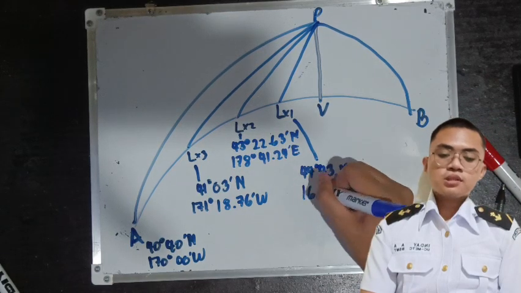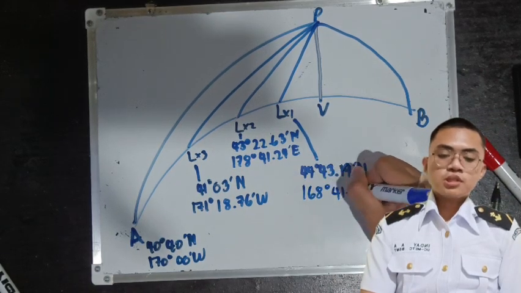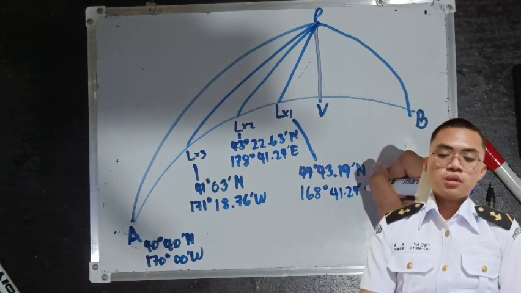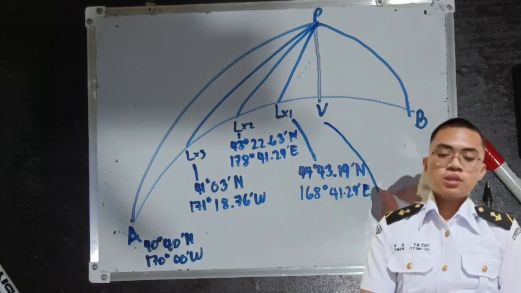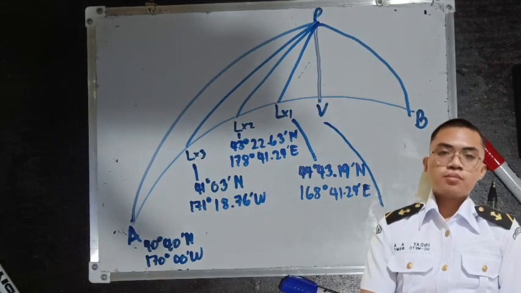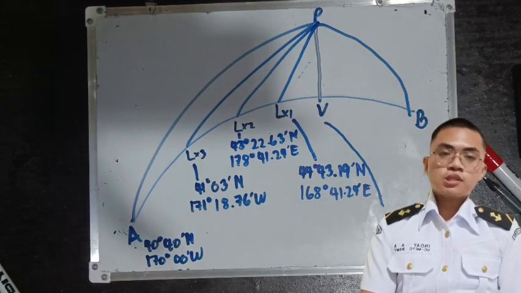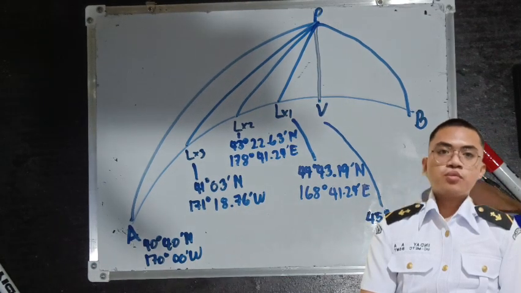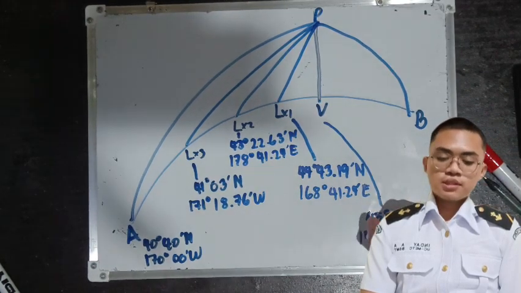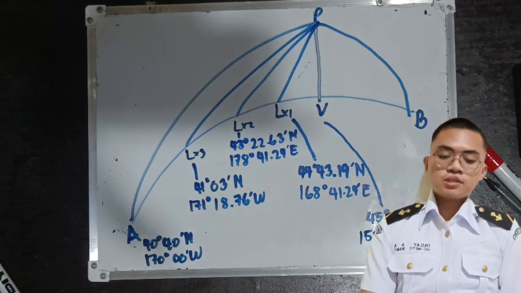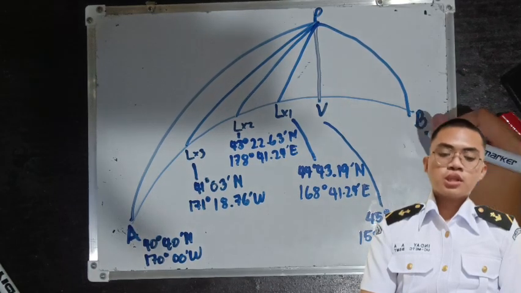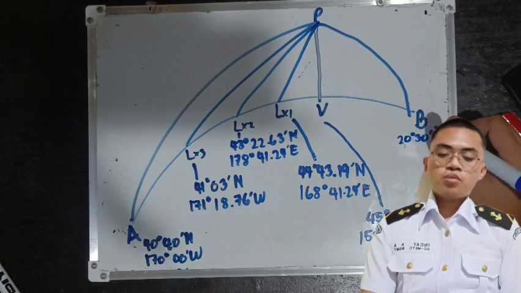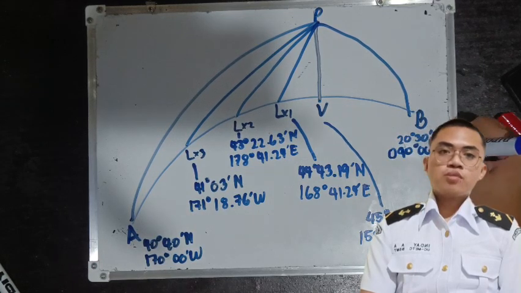The second is 43 degrees 22.63 minutes north, 178 degrees 41.24 minutes east. And the first one is 44 degrees 43.19 minutes north and 168 degrees 41.24 minutes east.